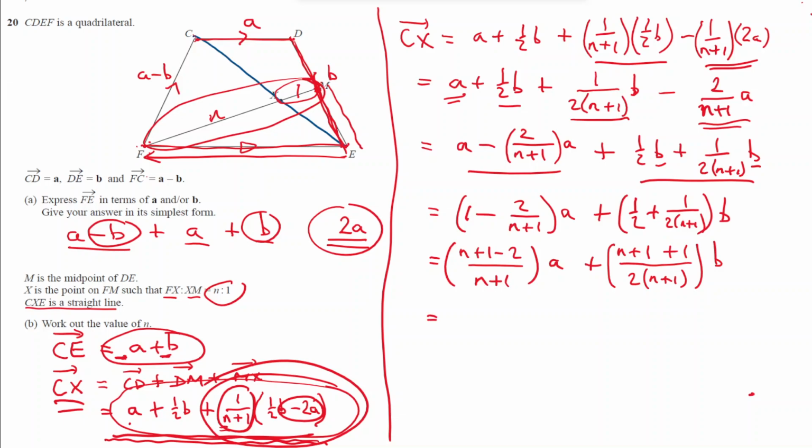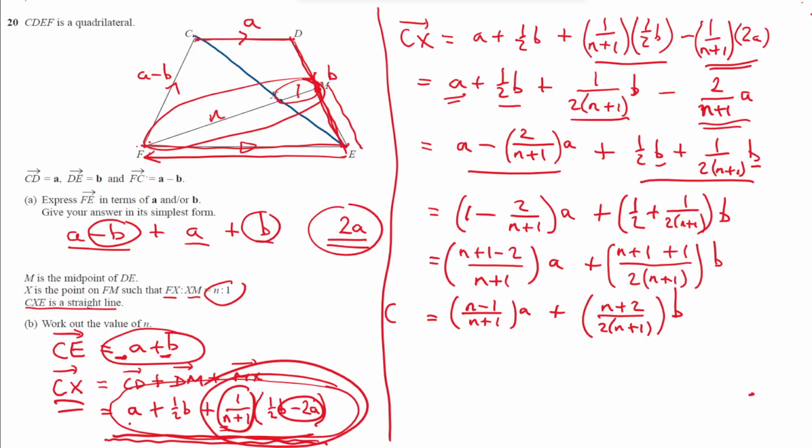Okay, let's simplify numerators in both. So we get n plus 1 minus 2, which is n minus 1 over n plus 1, that many lots of a. The second term would be n plus 1 plus 1, which is n plus 2 over 2 brackets n plus 1. And that's your coefficient of b.